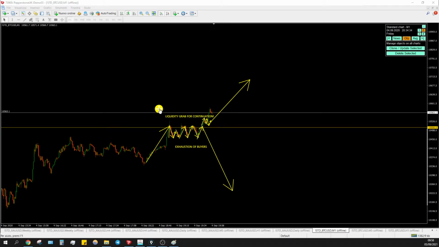Of course, you can only validate after, but that's why it's important the PPL to validate, to know that this will be a reaction point.